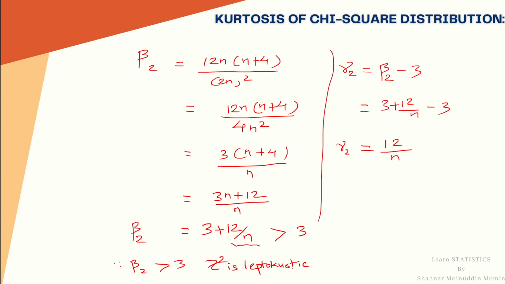In this lecture, we learned the coefficient of skewness and coefficient of kurtosis. The chi-square distribution is positively skewed, and from the coefficient of kurtosis, we observe that it is a leptokurtic distribution.